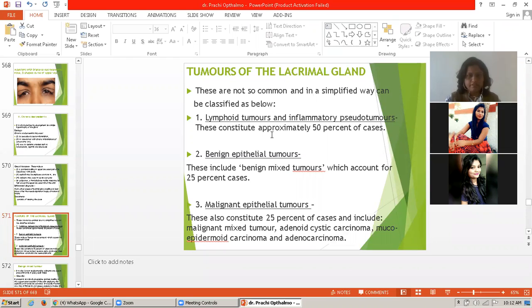There are many types of tumors of the lacrimal gland, in which first is lymphoid tumors and inflammatory pseudotumors. Tumors of the lacrimal sac are extremely rare and represent a potentially life-threatening condition.